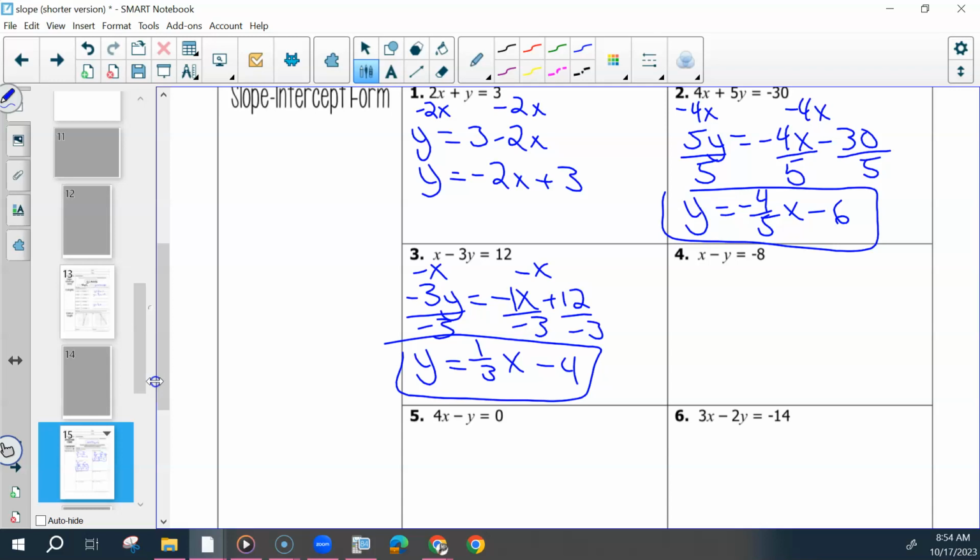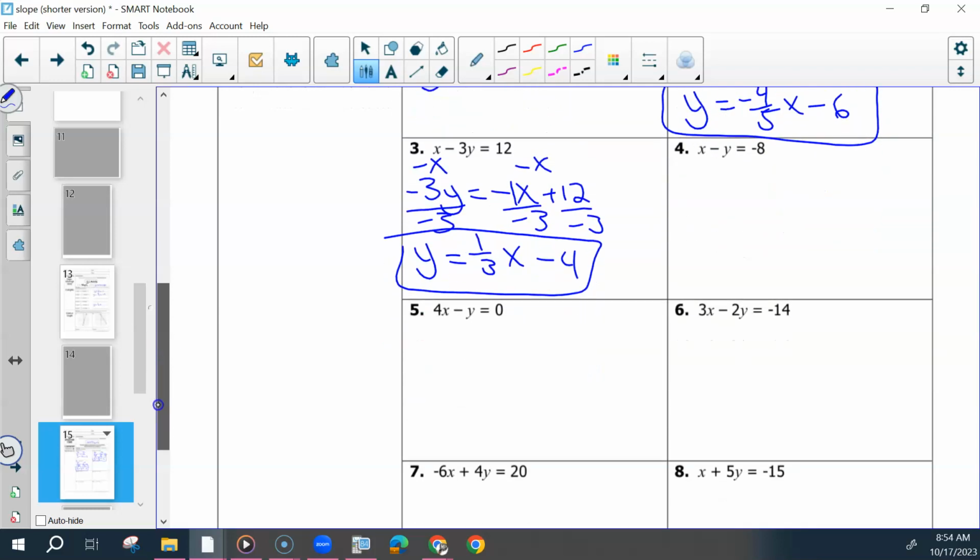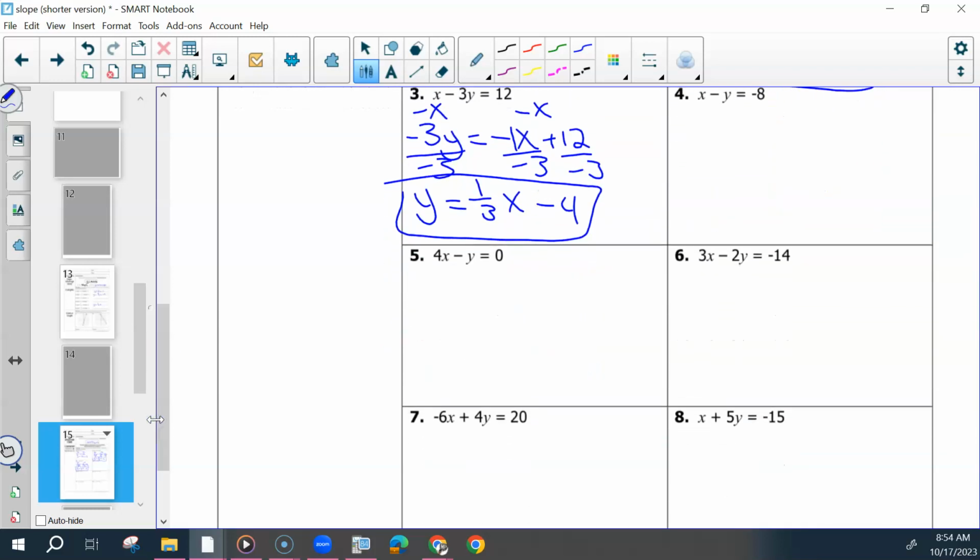Alright, we're going to try a couple more, and I'll let you try a couple, and then we'll move on to something else. Okay, number 5, what's our first step? Sides. So make sure you're saying and doing the entire term, not just the number. We can't leave x by itself, it's attached.